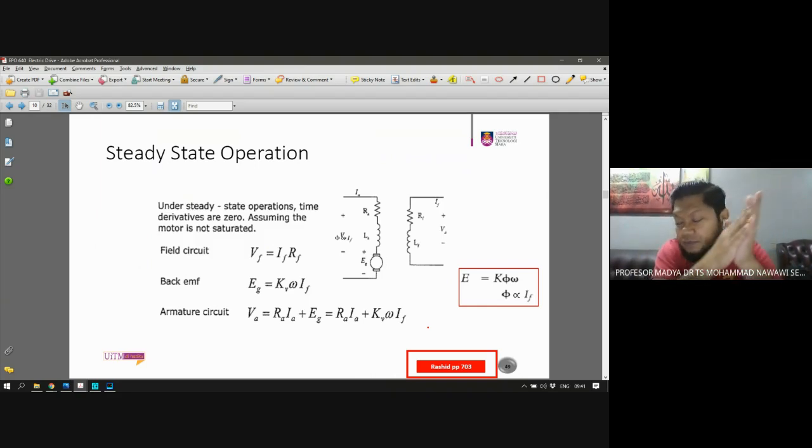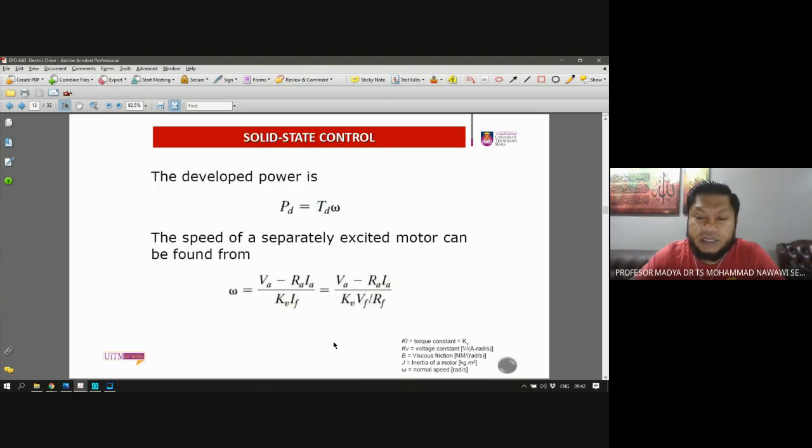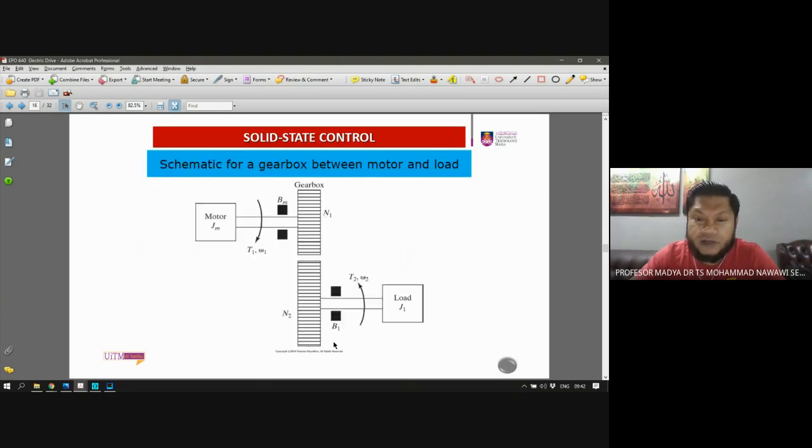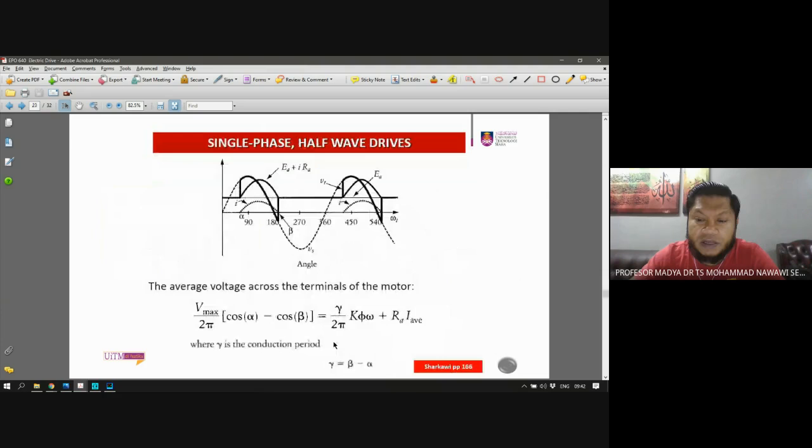Rashid's book, Power Electronics, Fundamental Applications of Power Electronics, page 3. You also have to look at Sharkawi's book that also discusses in detail the derivation and everything.